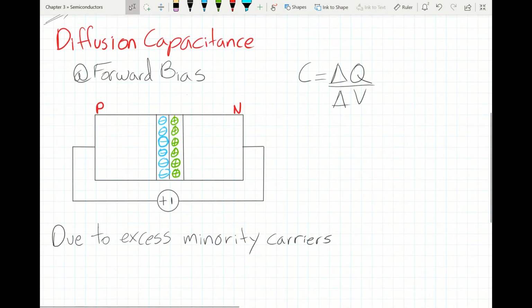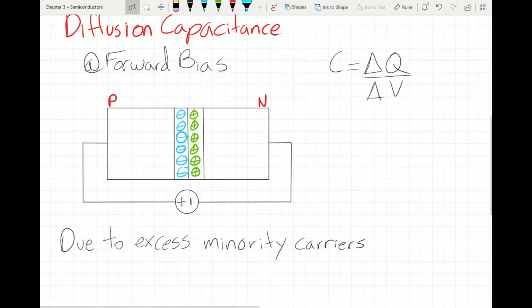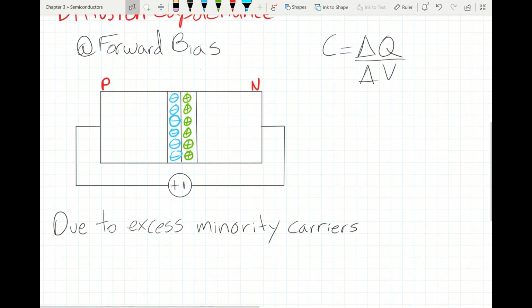So now we're going to look at diffusion capacitance. Diffusion capacitance is a little bit more complicated, and it's only seen at forward bias. So let's look at the image right here. Right here I have a PN junction under forward bias, and remember that majority carriers here on the P side are holes, right?